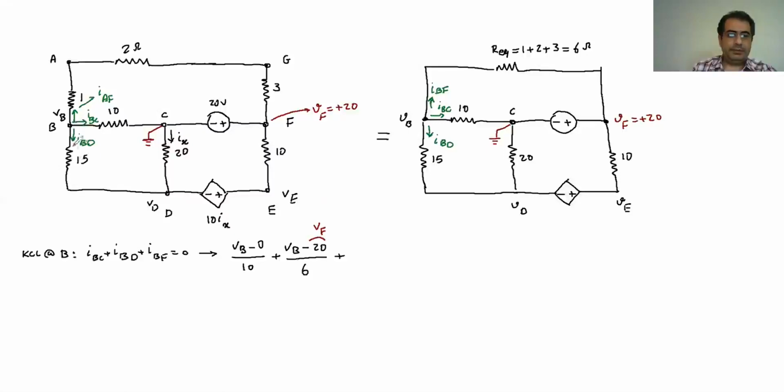So the BD is the one that goes from V_B minus V at D and divided by 15 is 0. So let me change that so you don't get confused later on. So this one is there.